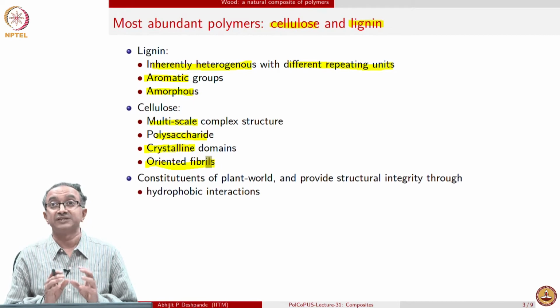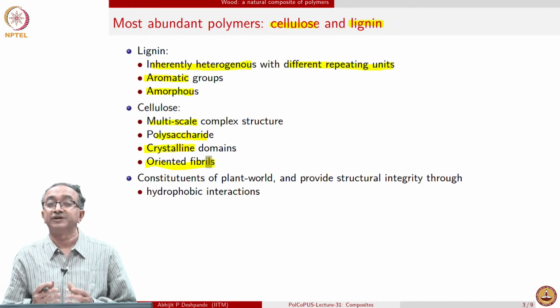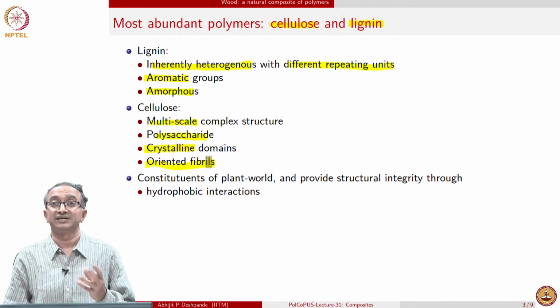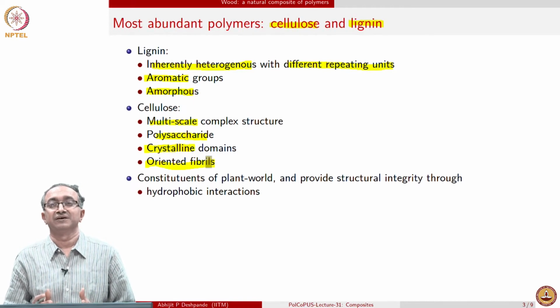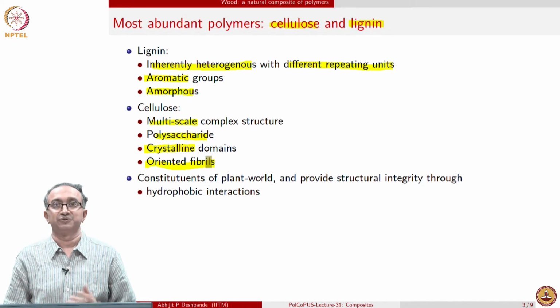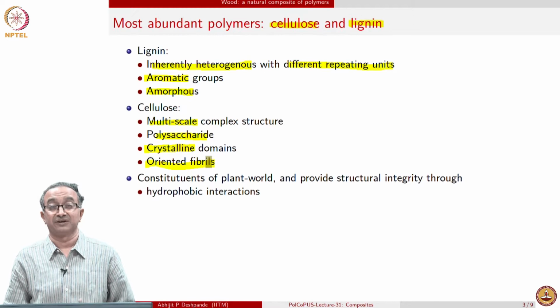If you go and search, let's say, for bamboo and orientation, you will be able to see how different parts of bamboo have different orientations, and therefore bamboo as a structural material is one of the best natural materials available. This mixture of cellulose and lignin, the composite itself, is ubiquitous in the plant world for structural purposes.